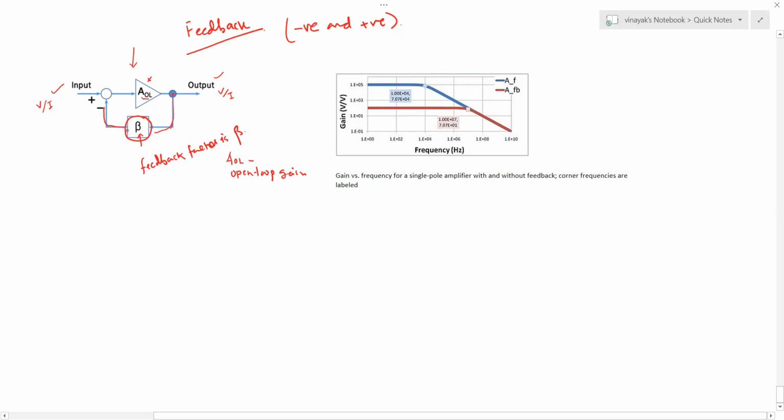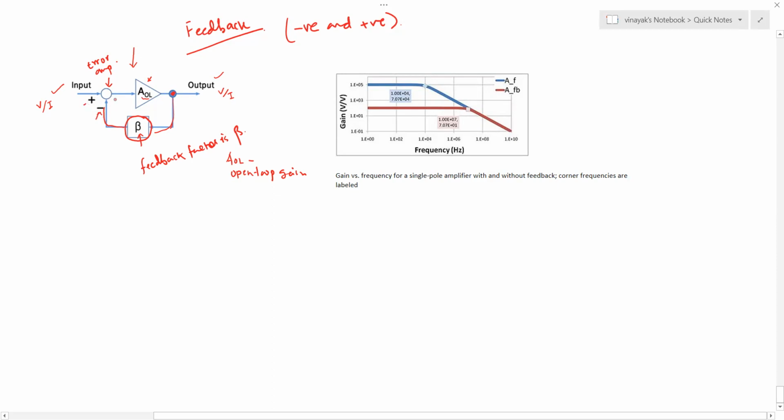So you see that I sense the output here, whether current or voltage, and feed it back to the input side, and this is called an error amplifier, or it is also called a difference amplifier or differential amplifier, which basically subtracts the output. That's why there is a negative sign, and I'm calling it negative feedback.